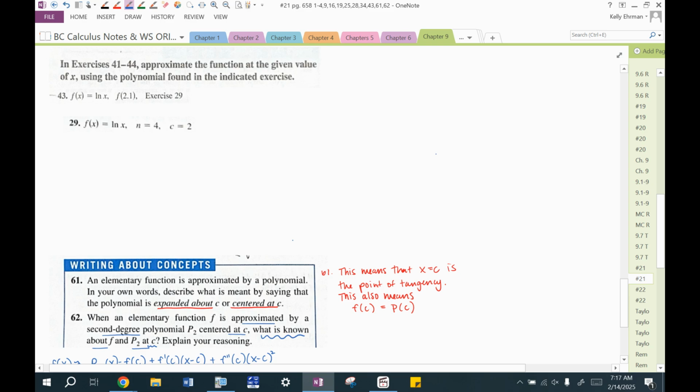All right. So I want to approximate f of 2.1 using a fourth order Taylor polynomial centered at 2. So let's build that again.